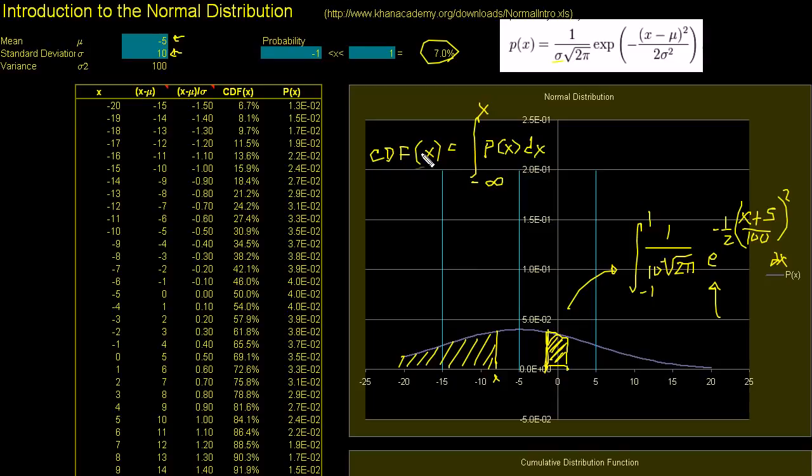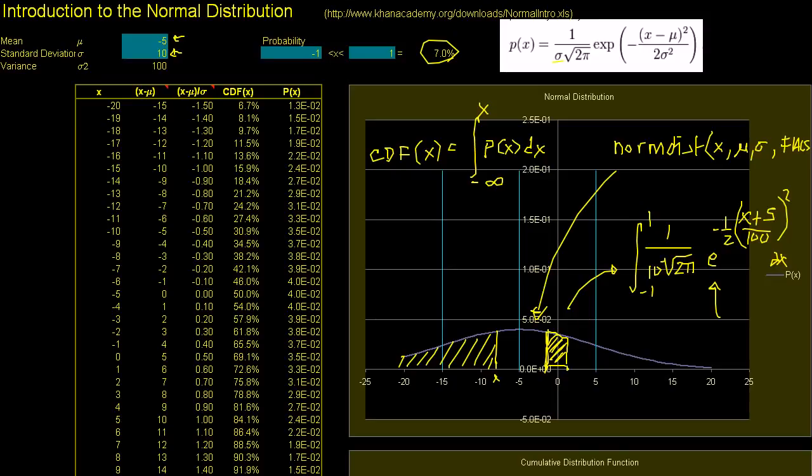And when you use the Excel normal distribution function, you say norm distribution, you give it your x value, the mean, the standard deviation, and then you say whether you want the cumulative distribution, in which case you say true, or just the normal distribution, which you say false. So if you wanted to graph this right here, you would say false in caps. If you wanted to graph the cumulative distribution function, which I do down here, let me move this down a little bit.